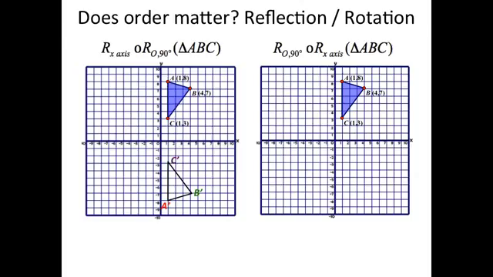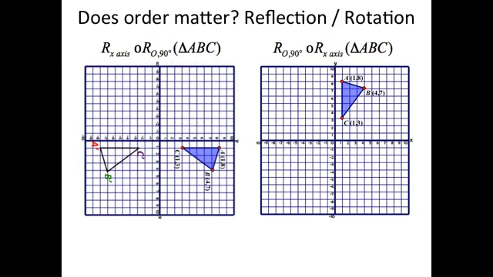Now that I've done that, I'm going to rotate 90 degrees clockwise. Thusly, mark our new points. That will be A double prime, which is at -8, -1, B double prime, which is at -7, -4, and C double prime, which is at -3, -1.